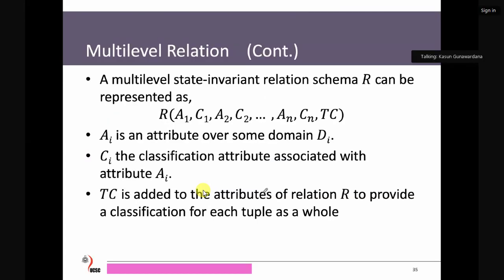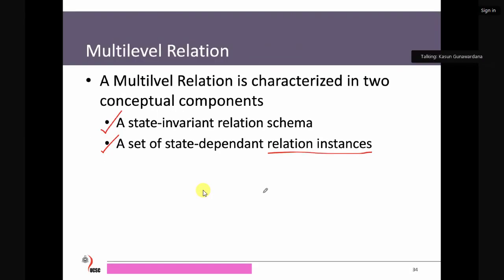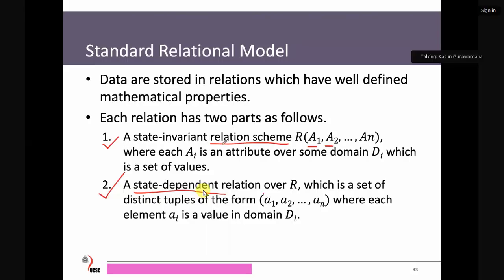So let's look at a multi-level state invariant relation schema R. You remember that the state invariant relation scheme was defined as R, A1, A2, ... AN. They are the attributes, right? So index number, name, address, telephone number, likewise many attributes.